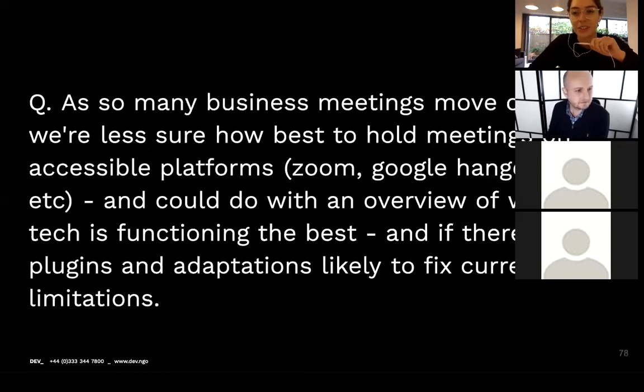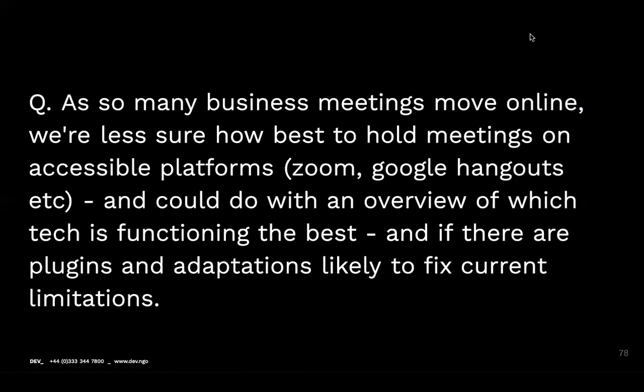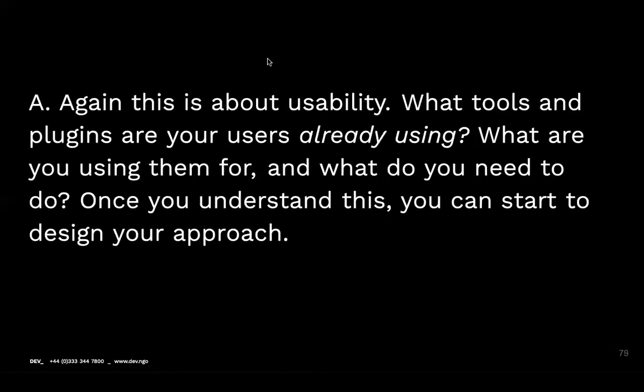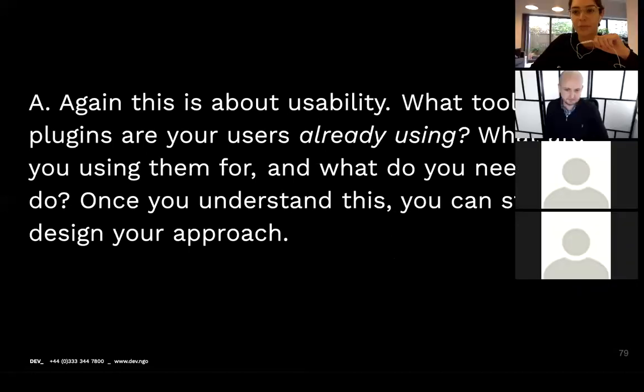And this one was an interesting one, which came through that I felt was very topical, which said: as so many business meetings move online, we're less sure about how best to hold meetings on accessible platforms. And I also saw a comment that was interesting in the chat. Someone had mentioned that with young unemployed people, there was a high percentage of people they were working with who had a disability.